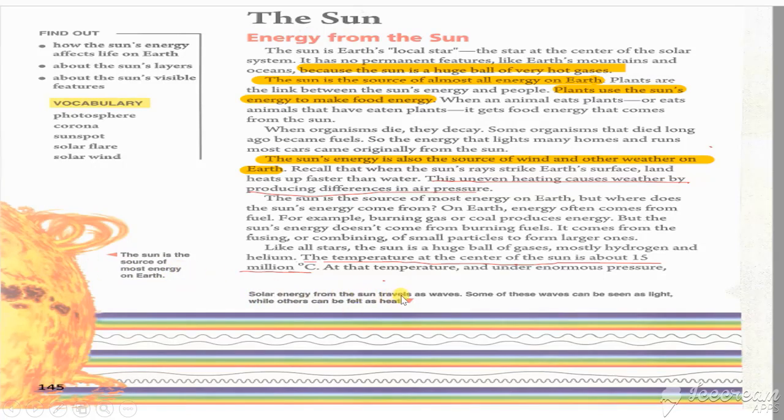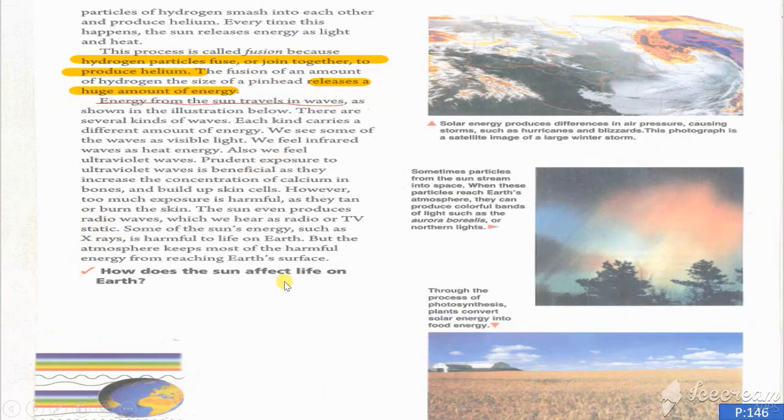Solar energy from the sun travels as waves. Some of these waves can be seen as light, while others can be felt as heat. Particles of hydrogen smash into each other and produce helium.